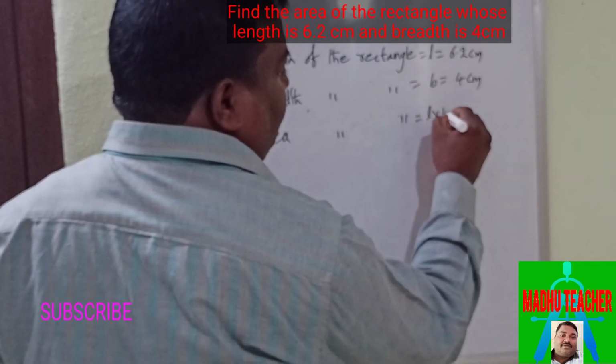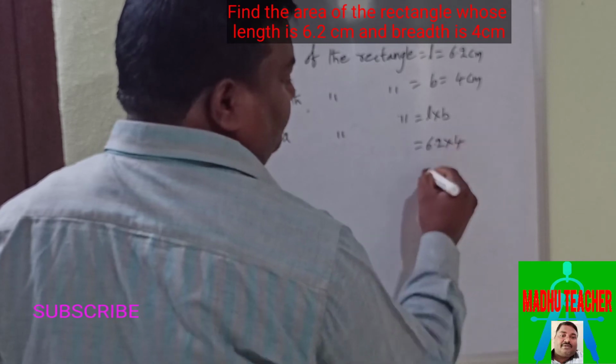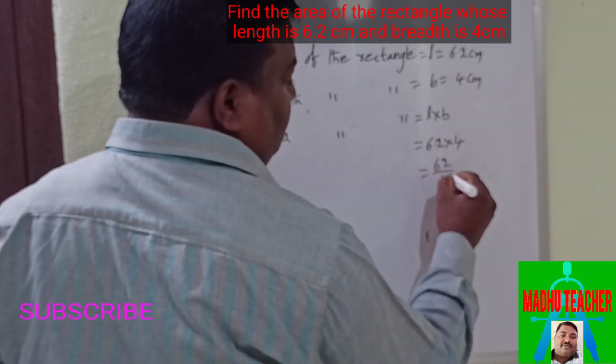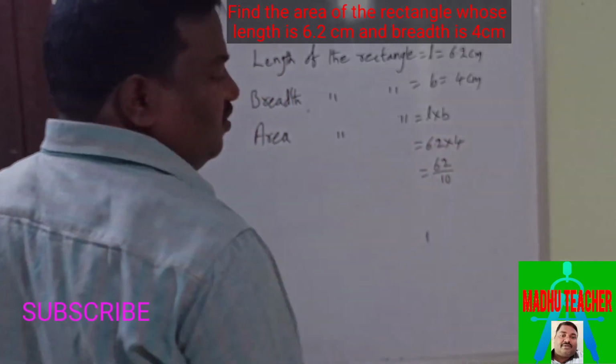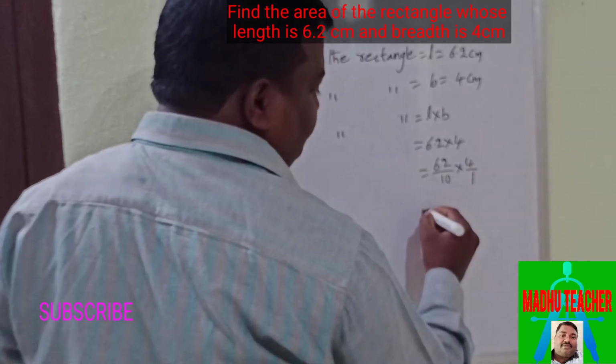What is the area of the rectangle? Length into breadth, that is 6.2 into 4. 6.2, 62 by 10, because after decimal point we have only one digit, into 4. 4 means by 1.